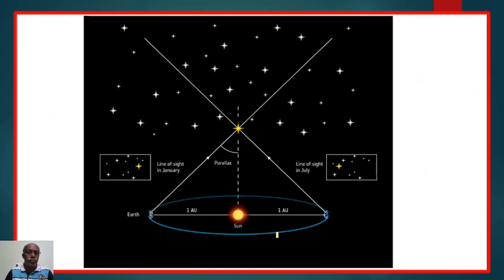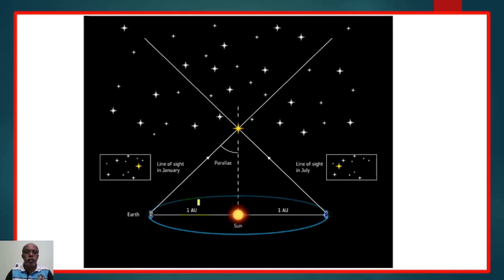Here you can see we are measuring the angle of a star from the Earth's surface when the Earth is at the extreme left end of its orbit around the Sun. Similarly, we have observed the same star after 6 months when the Earth is on the other side of the Sun in its orbit. You can see here the baseline is represented as 1 AU, the distance between the Earth and the Sun.